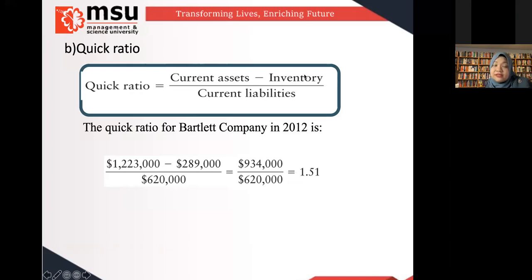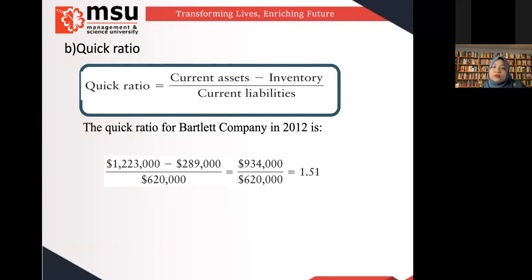Inventory is part of current assets, so we just want to eliminate it. Why? Because inventory takes a longer time to be converted into cash. The other current assets only take one step to be converted into cash, while inventory takes two steps.